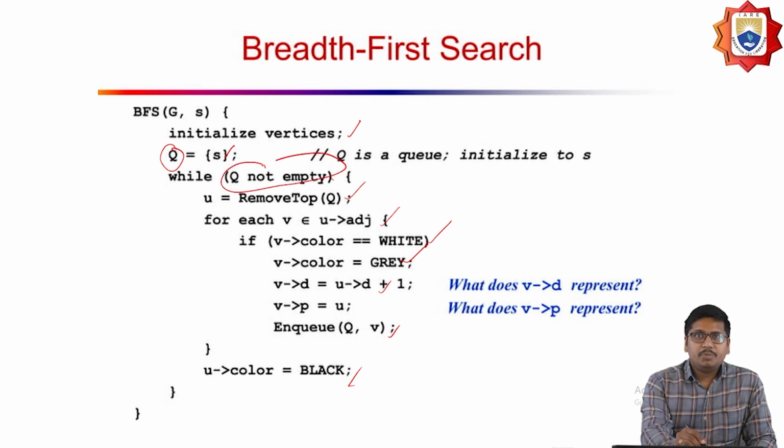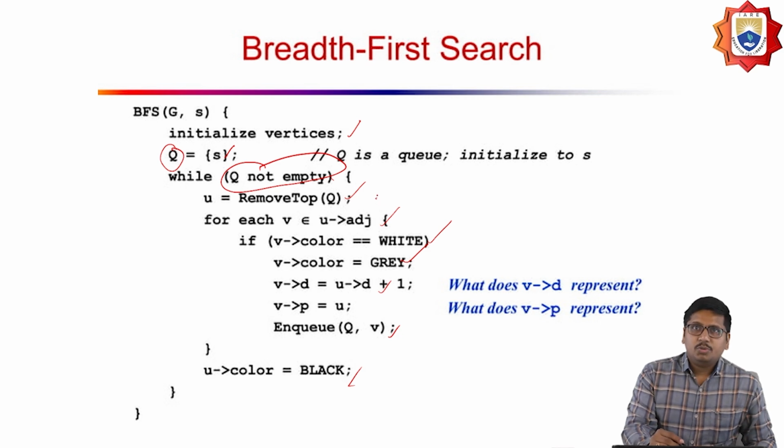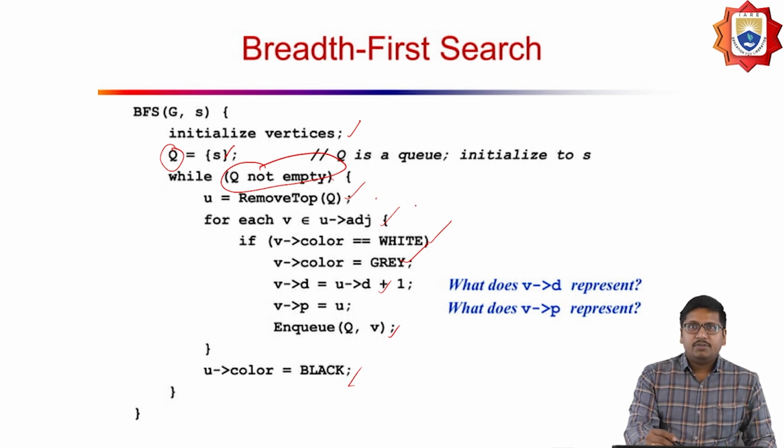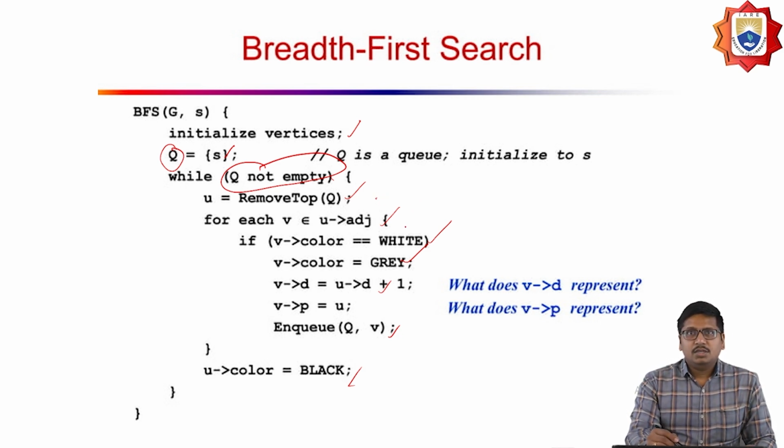So the algorithm repeats: when the queue is not empty, remove the top of the queue, and for each V of that, it has to be considered. I'm going to have three colors, right? So white, gray, and then black.